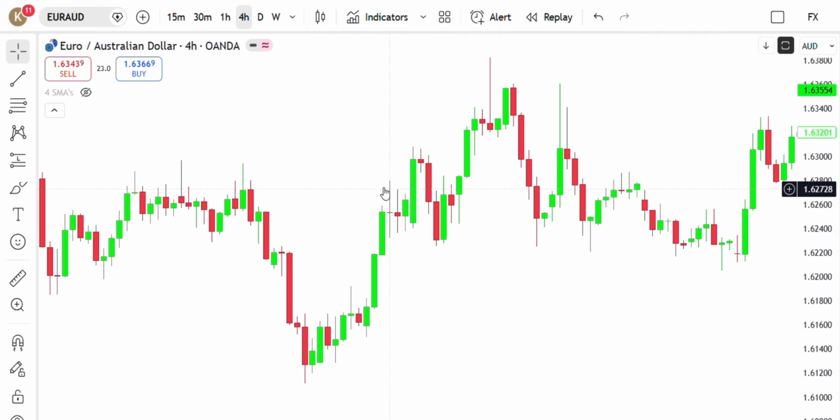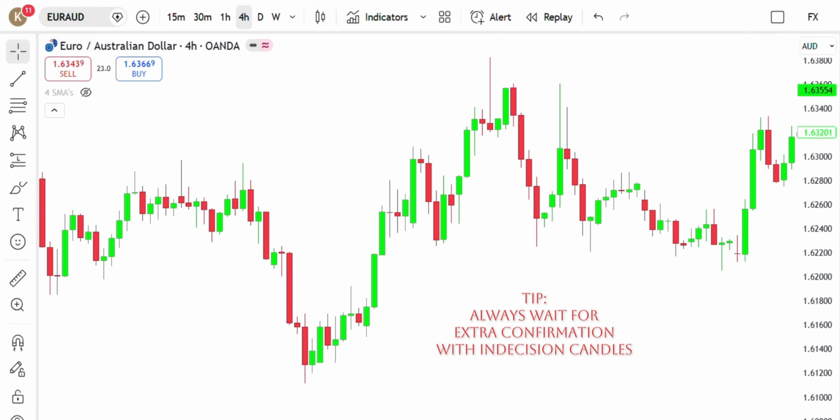Another example is around here, which is the perfect example of why we need to wait, because price continued upwards. We always need to wait for the second confirmation when these candles appear.